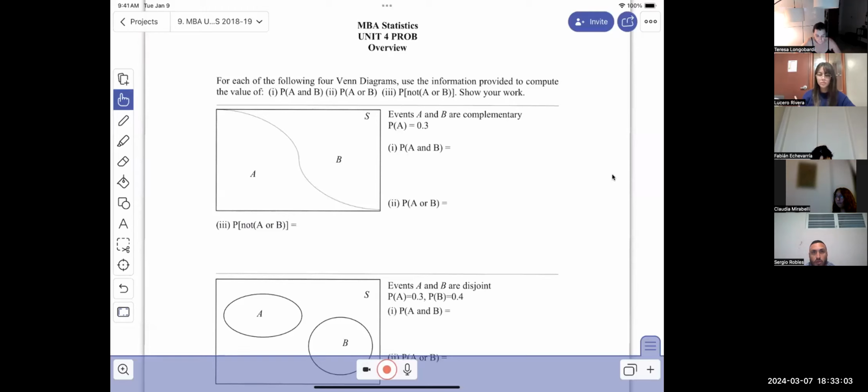The idea is that this rectangle is a representation of S, the sample space, all possible outcomes.